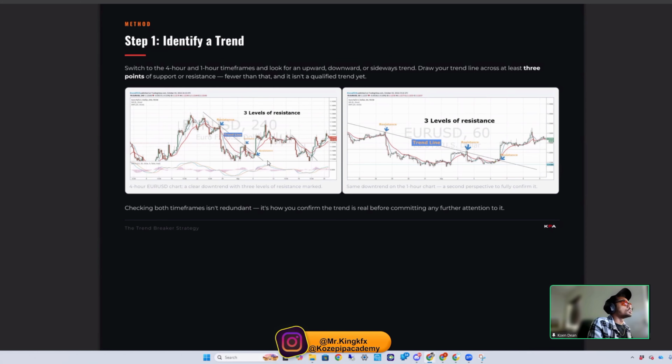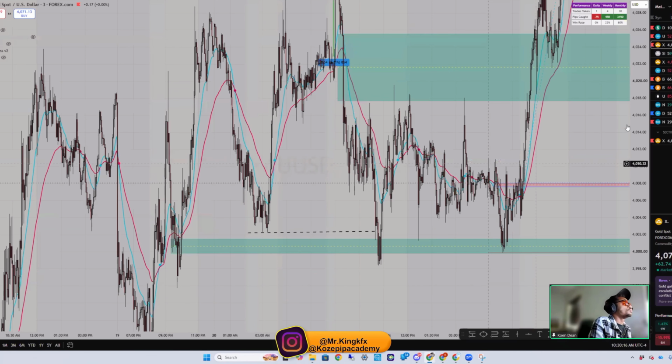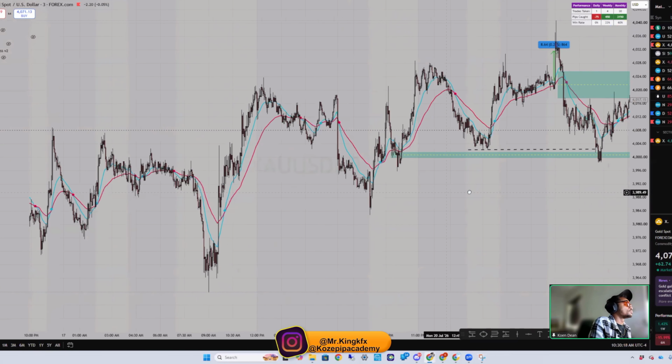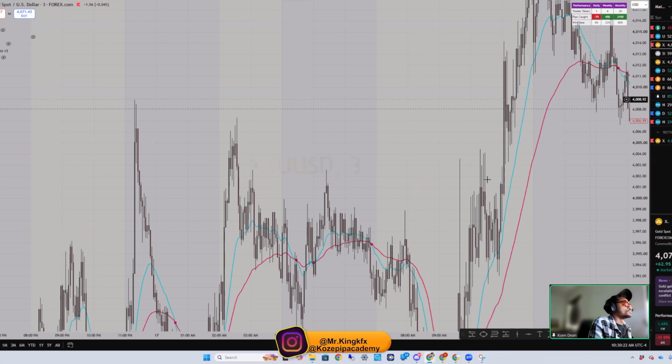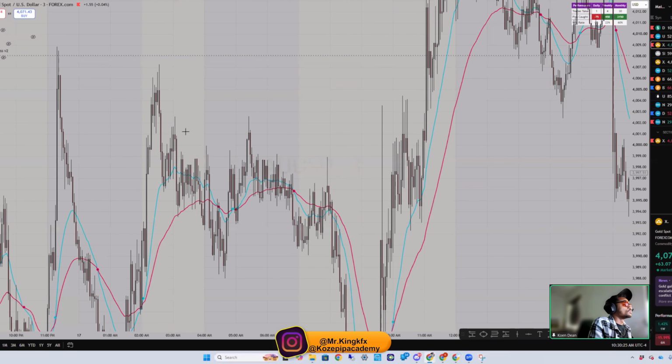You need to have 3 touches first, 3 touches in order for it to be a trend. 3 touches of support or 3 touches of resistance. So when I went over here and I showed you guys something like this, right? We have 1 touch right here.